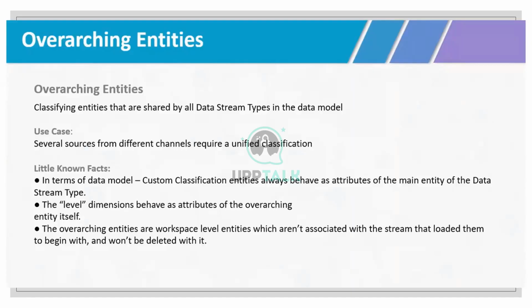Now, some little known facts. In terms of the data model, custom classification entities always behave as attributes of the main entity of the data stream type. What is an attribute of an entity? Who can answer? An attribute basically is a type of entity.